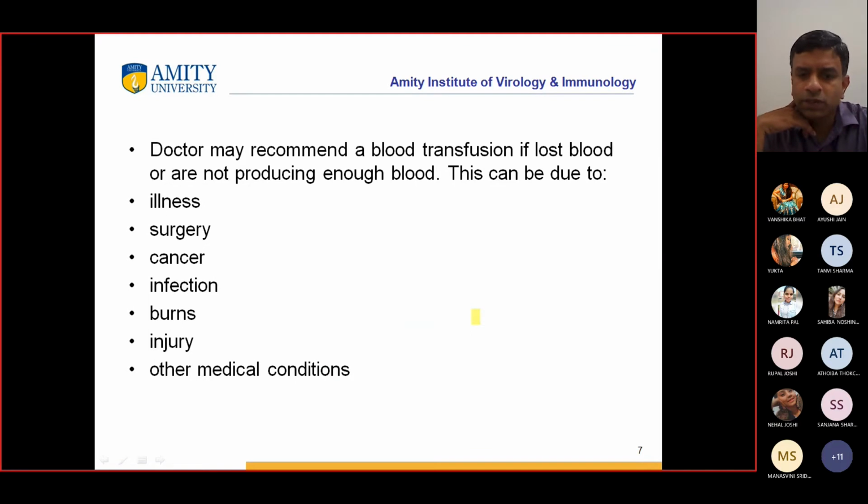Doctors may recommend a blood transfusion if blood is lost, or the body is not producing enough blood. This could be due to various reasons. There can be some illness, or surgery, during which there can be a lot of blood loss. Also after cancer, various infections.